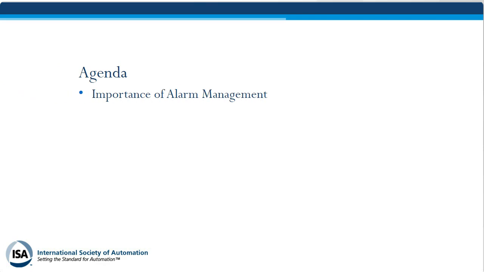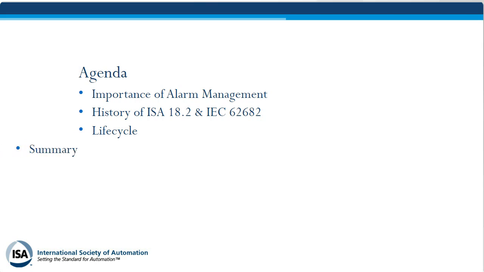We'll hit on the history of ISA 18.2 and IEC 62682, which are the principal documents from a standards perspective out there that hopefully you folks are using on your alarm management within your facilities. We'll talk about the alarm management life cycle, and that's only going to be at a very high level. And then we'll do a quick summary and wrap up.